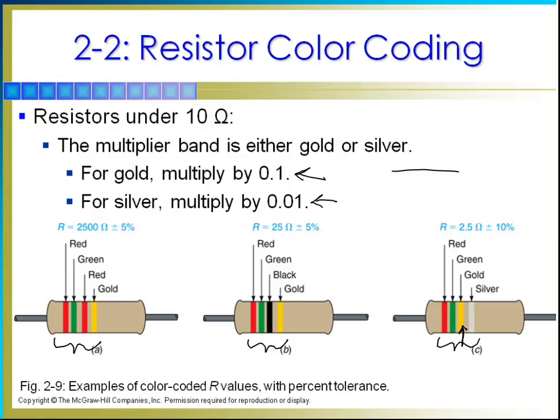So you're not going upward in value. You're taking it downward in value. So here, where it was 2,500, because it was 25 times 10 squared, over here, it's 25 times 10 to the minus 1, or 0.1, which is going to equal 2.5 ohms.